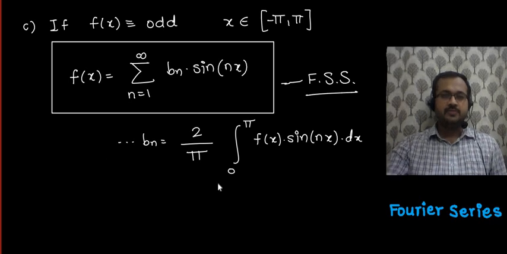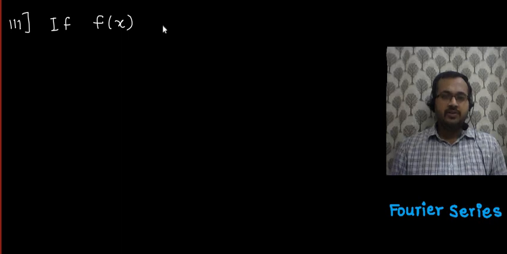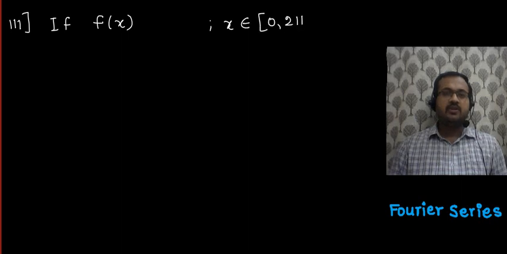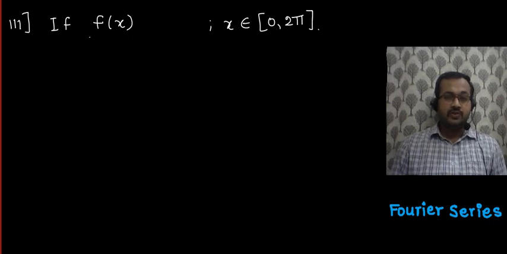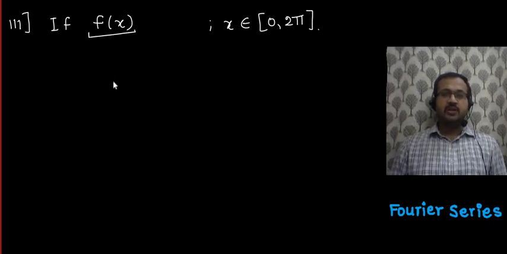This is one case. If we consider the next case, if your function is periodic, moreover it is a trigonometric function with period 2 pi where x is defined in the interval 0 to 2 pi, then we check whether f of x, which is trigonometric in nature, is an odd or even function in the range 0 to 2 pi.